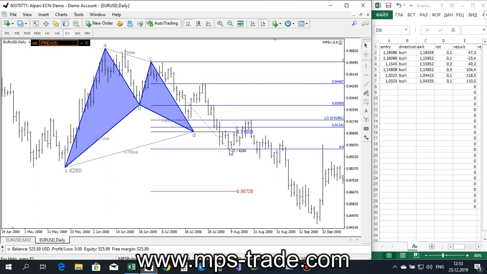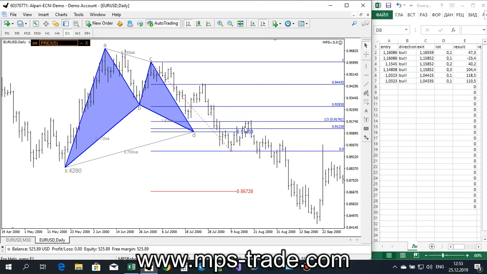Then it goes lower and lower, and then it is enough to hit 1/3. So the first qualification for this is done. It hit 1/3. And the second qualification is that it should have several bull candles. So we have 1, 2, 3 candles in a row, which qualifies this as a retracement.